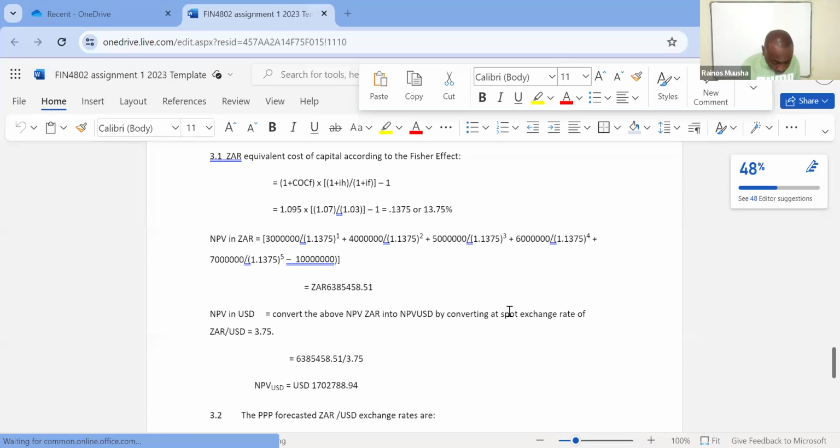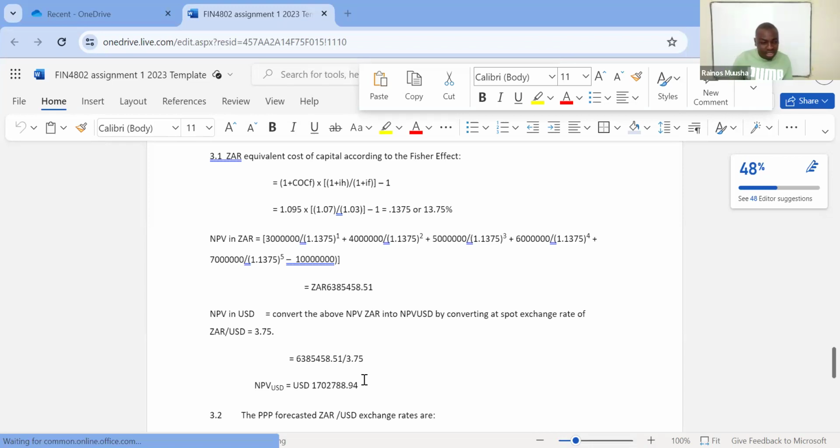If you check on our memo, for our answer for question 3.1, when we converted this at the spot rate, we got about 1702 something, which is not exactly 1.7 million. That's why I was checking how much you got.